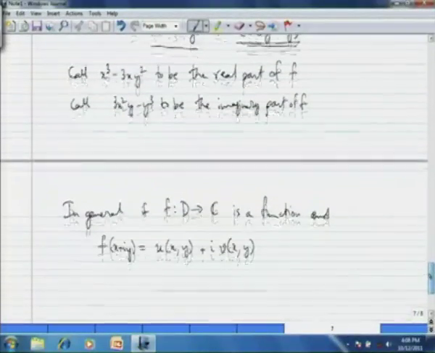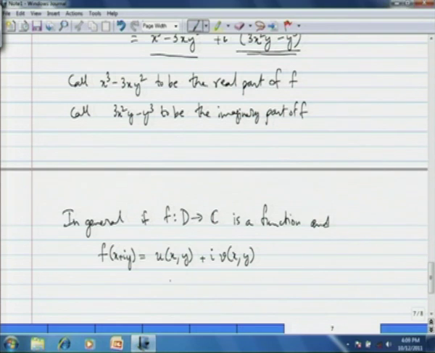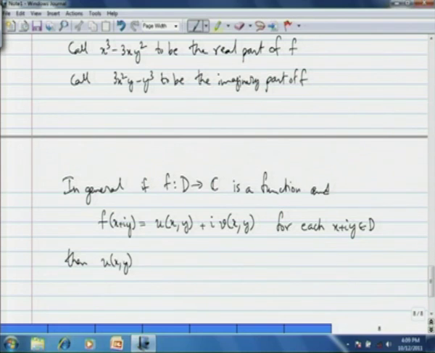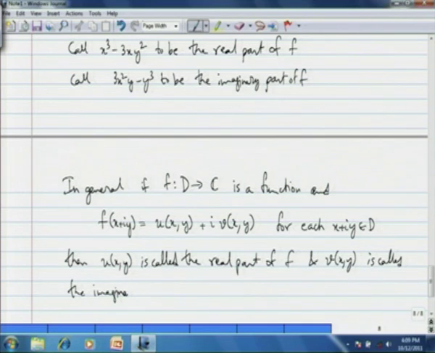So, in general, if f of x plus I y is u of x y plus I times v of x y, for each x plus I y belonging to D, then u of x y is called the real part of f, and v of x y is called the imaginary part of f.